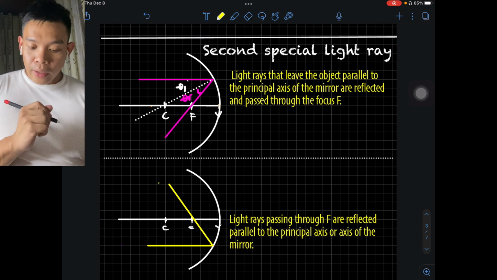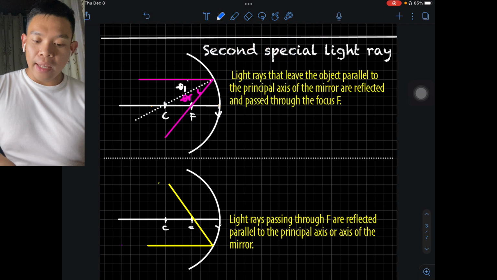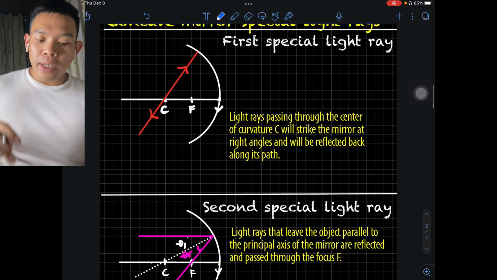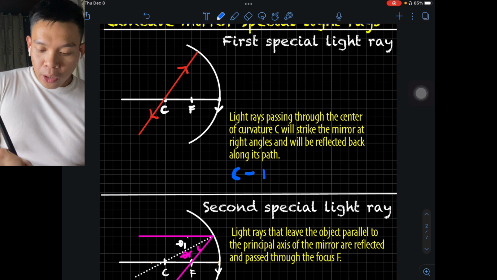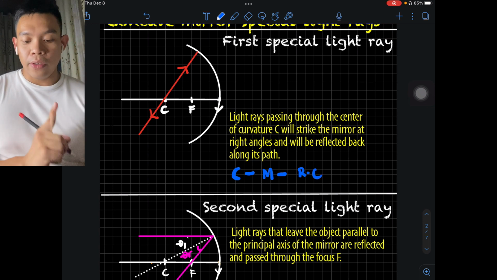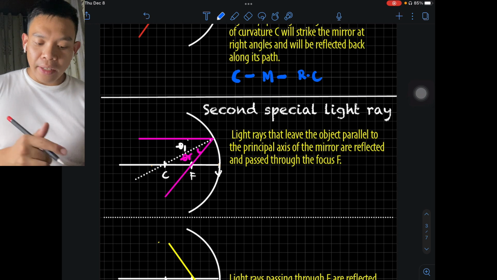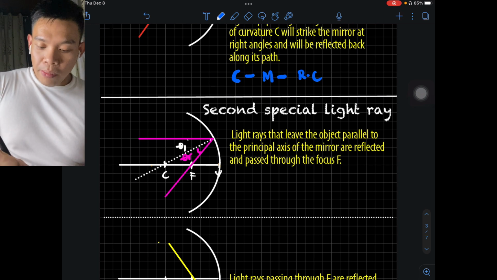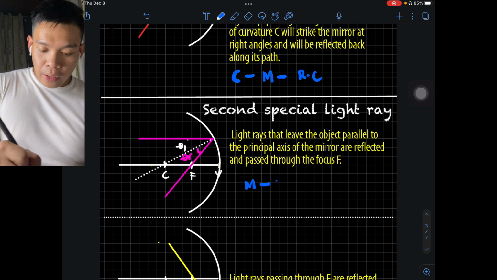That's our rule. And at the same time, let's have a counter check on the two special light rays. The first special light ray hits the mirror going through the center of curvature, then is reflected back through the center of curvature. Our second special light ray hits the mirror going to the focal point.